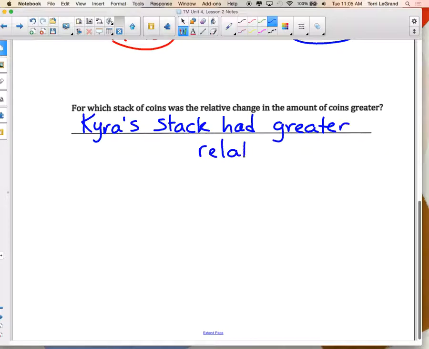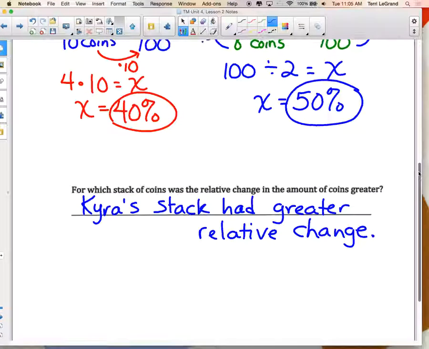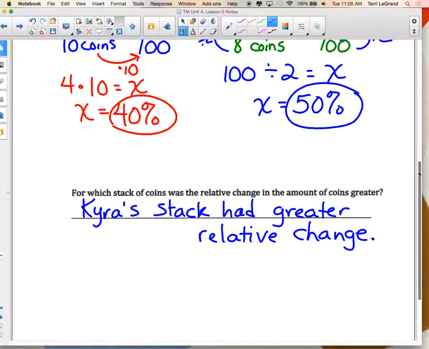And what's the other thing we think of when we hear the word relative change? What else are they talking about? What have we been finding? Percent of change, yeah. Percent of change is the same thing as relative change. Just like it says on the front. Let's go back there. Anybody need this longer before I go back to that page?